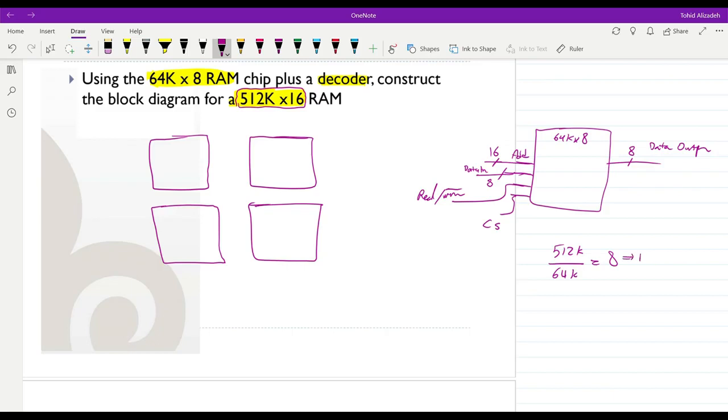So we will have 8 rows and 2 columns, down to row number 8. They are now identical blocks, 64K by 8, all of them.